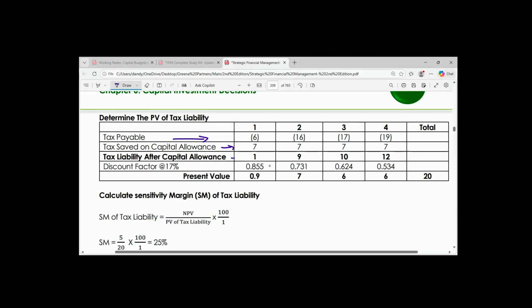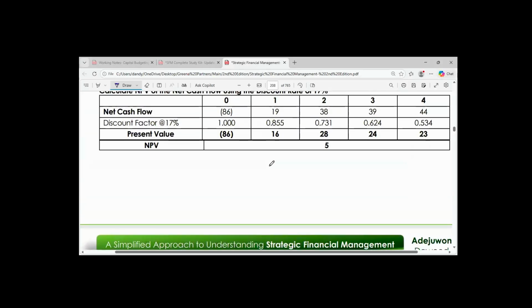So these are the figures you are going to discount with the 17% given. And we have the total present value of 20. When you add 0.9 plus 7 plus 6 plus 6, it will give you 20. So that means the present value of the tax liability is 20. You then divide it with the NPV.